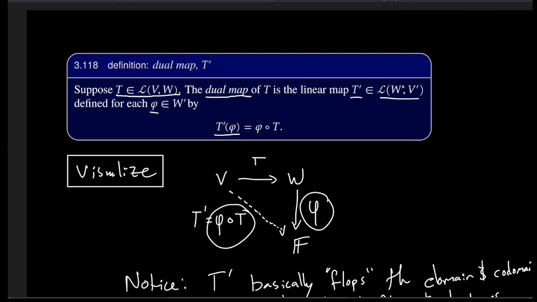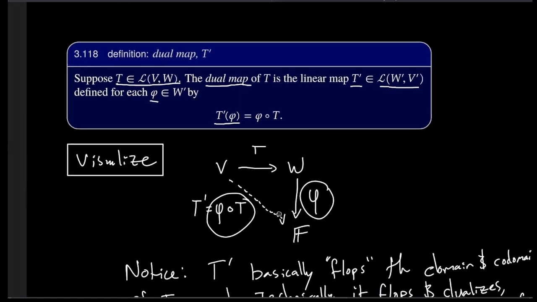Now if V and W are both finite dimensional, we now have a map essentially from W to V, up to isomorphisms of W and V. Whoa, that's actually really cool. We kind of just flop domains and codomains. Sometimes it can be really inconvenient to work with a map from V to W, but very convenient to work with a map, say, from W to V. This says, here's a way to do it, up to some isomorphism.